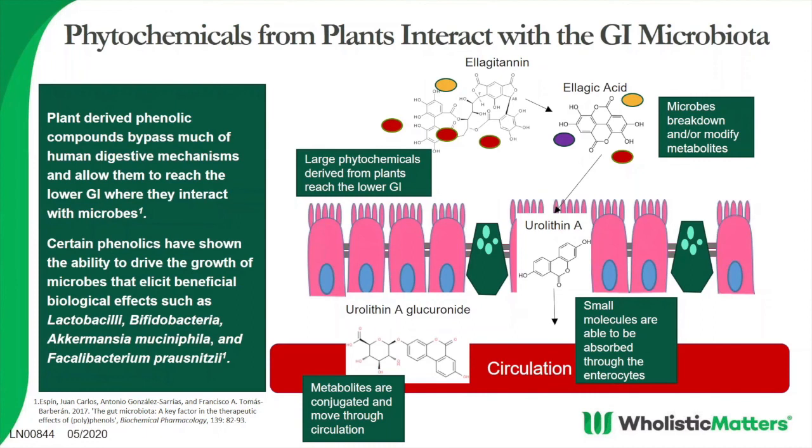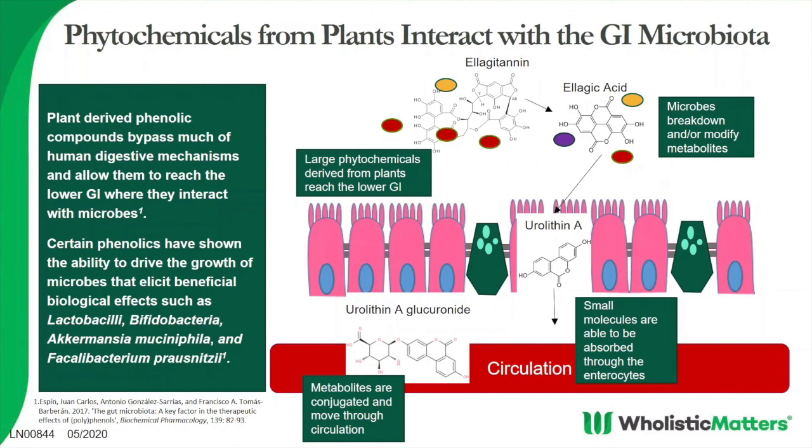So you look at how these come into the body. There are these really complex components that are bound within the plant matrix material. They're either difficult to digest, they're bio-inaccessible because of the architecture of the plant, or they're just really large molecules that are not very bioavailable. But certain microbes can break these down and turn them into more bioavailable nutrients.